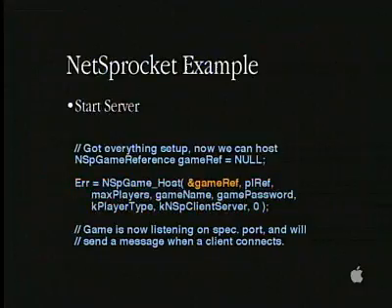First thing you're going to do is pass it where you want the game reference to be stored. And the game reference is going to be how you talk to NetSprocket in order to send messages, receive messages, get information about games, users, all that good stuff. Then you're going to pass it the pointer to your reference list that you created.